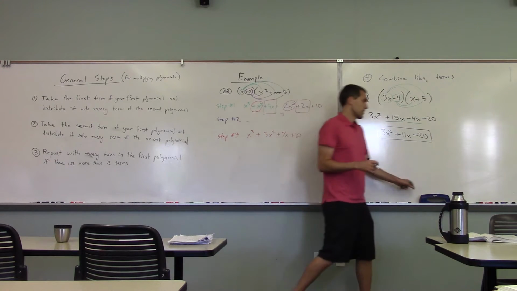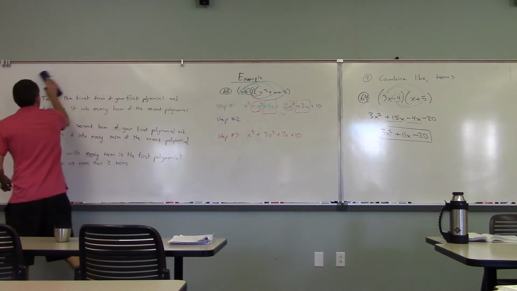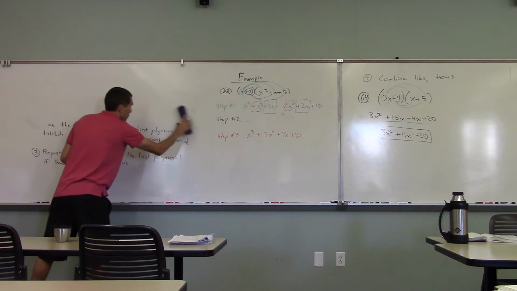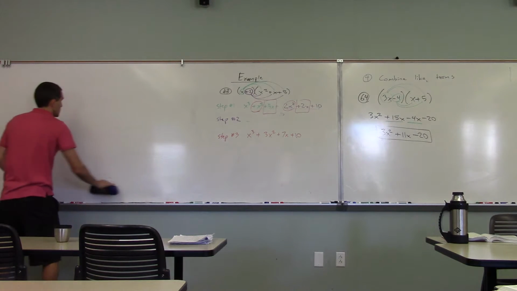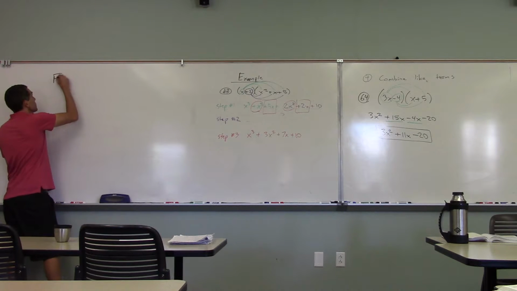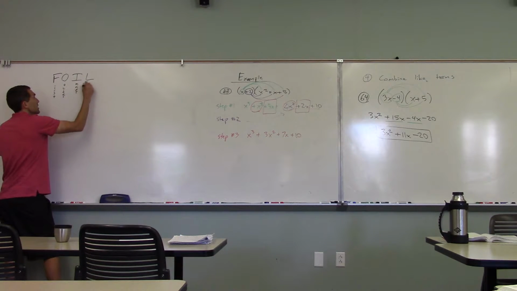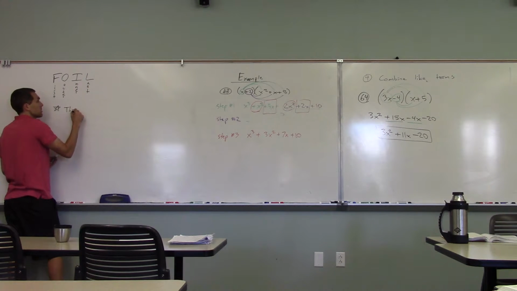Now, just to bring something up, we'll do a couple more examples. But to bring something up here is FOIL. A lot of you heard FOIL in the past. FOIL stands for first, outer, inner, last. And I would say this is a terrible way to remember this.